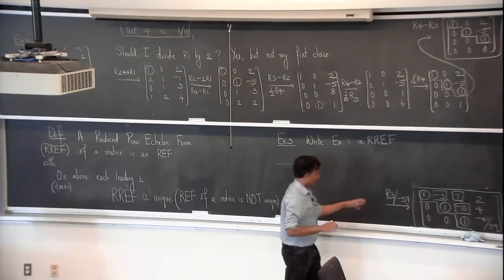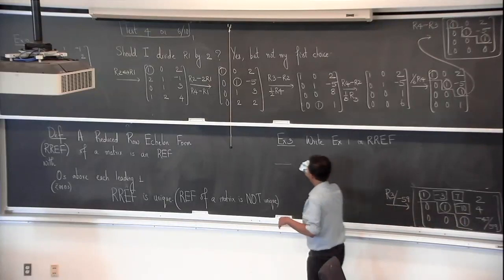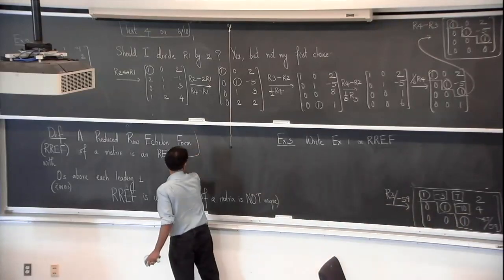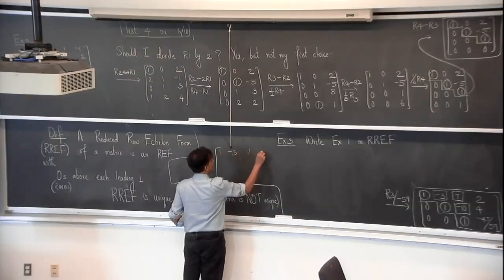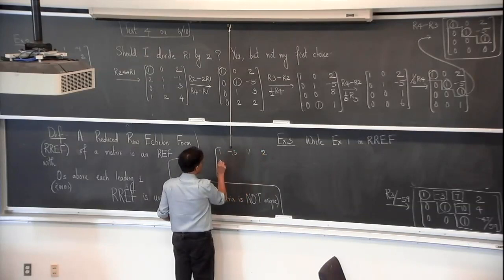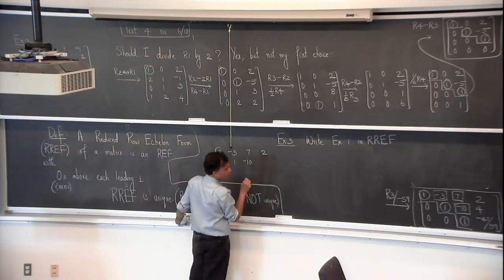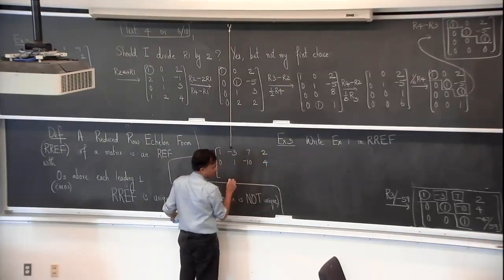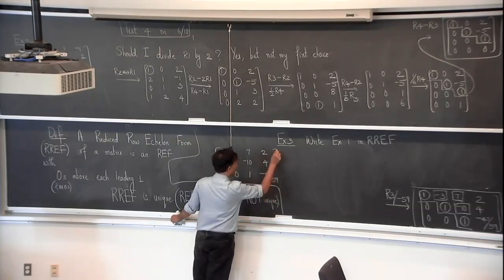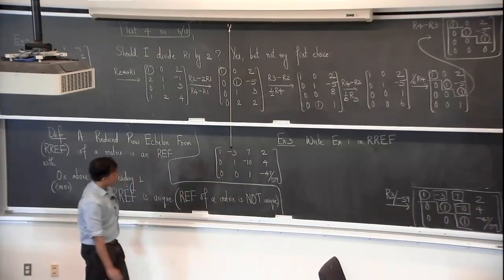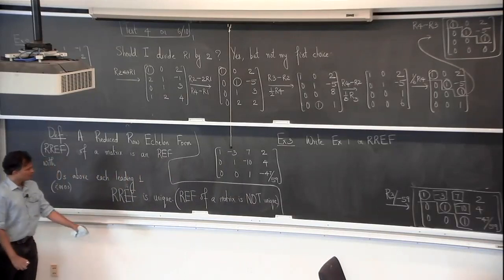So let me write that answer here so that it's easy for me to see this. 1, -3, 7, 2, 0, 1, -10, 4, and 0, 0, 1, and this ugly number -47/59, which I hope we won't have to deal with a lot.